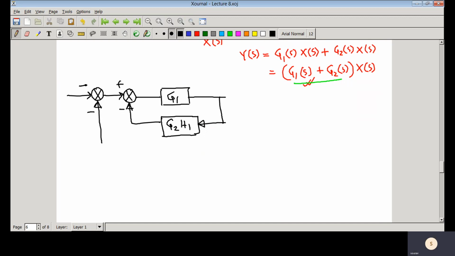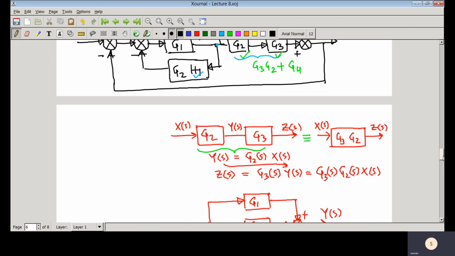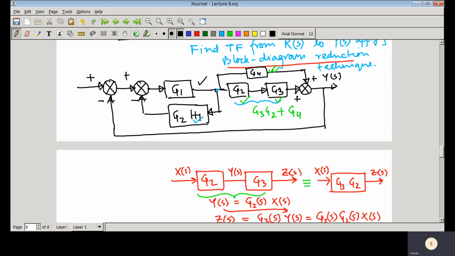As we have now discussed, this particular part can be represented as G3 G2 plus G4.